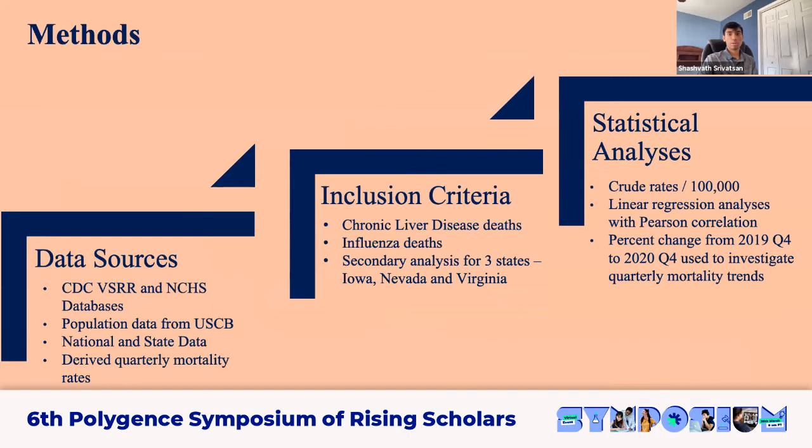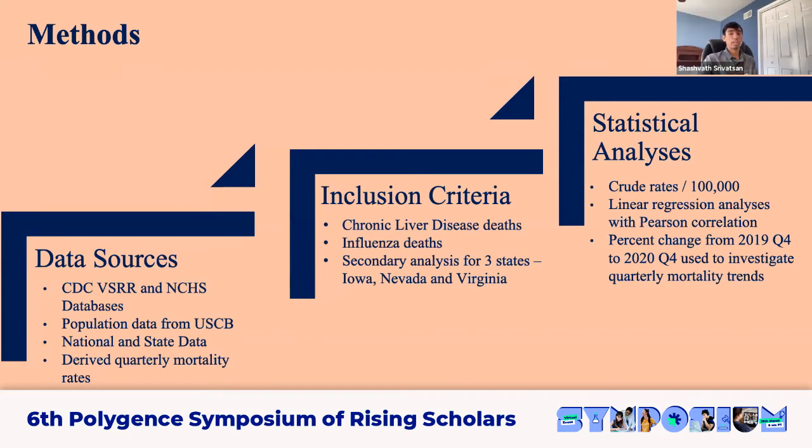During my research, I used public mortality and population data. This was all publicly available. The mortality data I used included chronic liver disease and influenza deaths, and I obtained it from the CDC, VSRR, and NCHS databases, while the population data was taken directly from the United States Census Bureau.